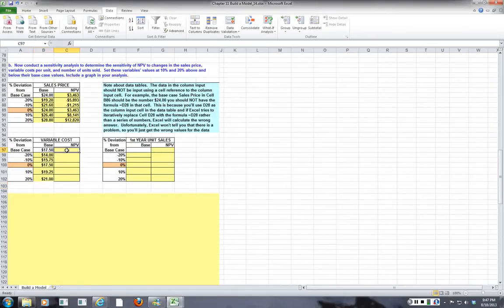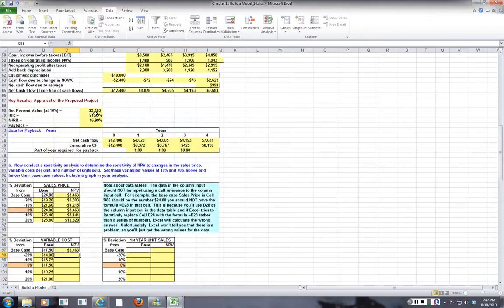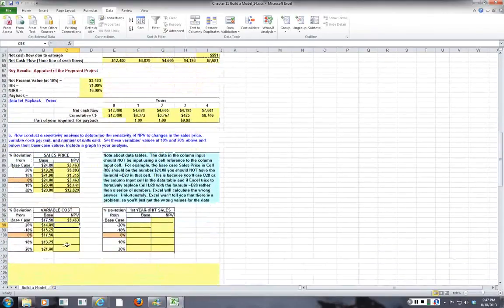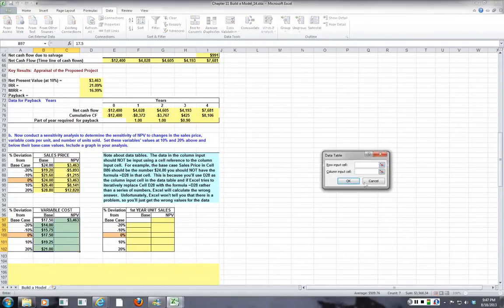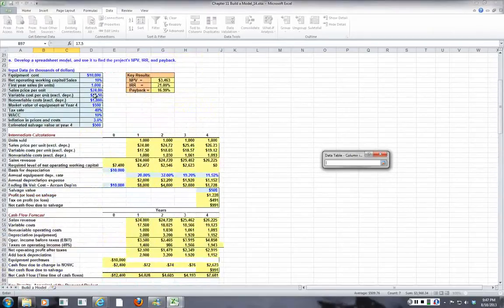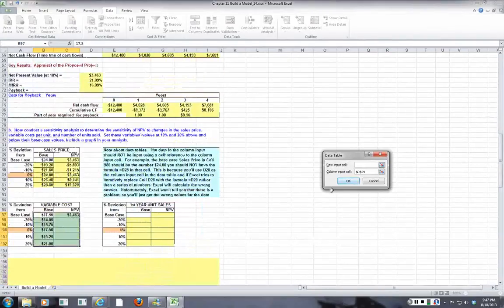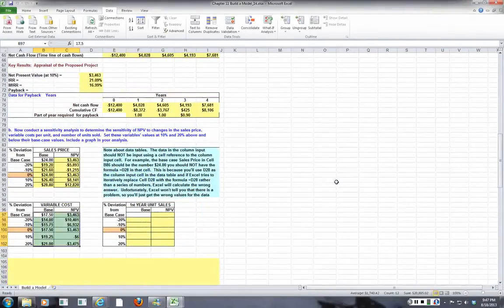So now what we want to do is find out what would be the variation in net present values if the variable costs went down by 10%, went down by 20%, went up by 10%, and went up by 20%. What would the variation be? How would those deviations impact the net present value? And to find that out, we go to our data table and we go up here and we come down, click it in there, and we see what those variations are.